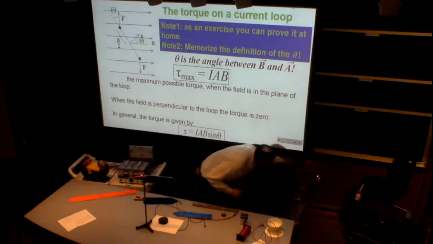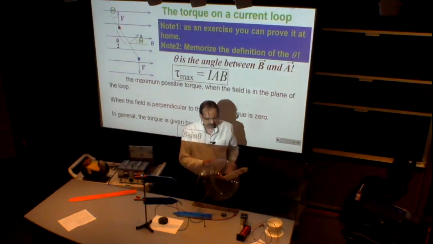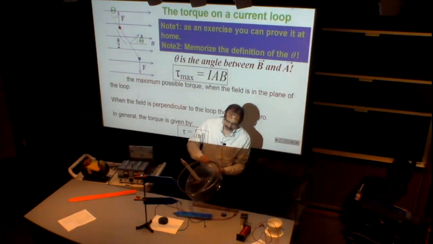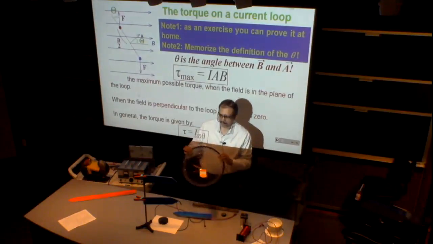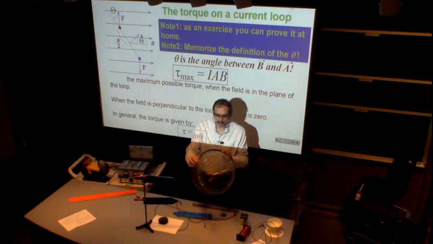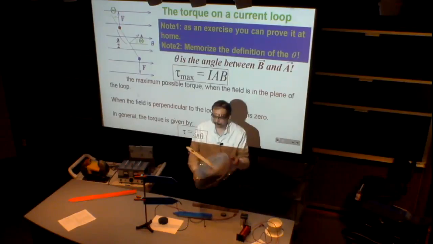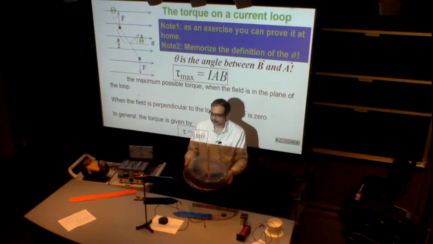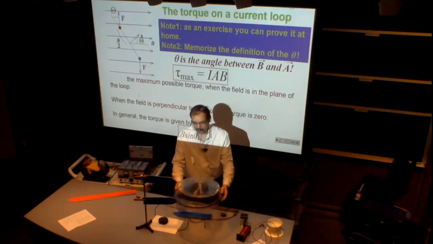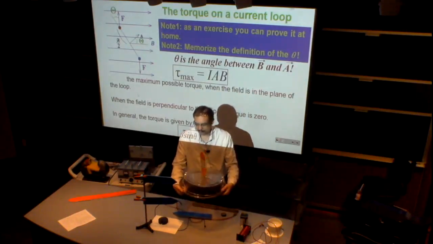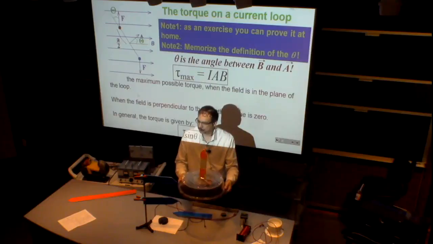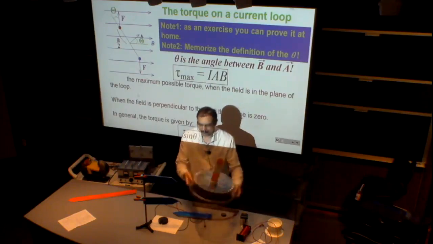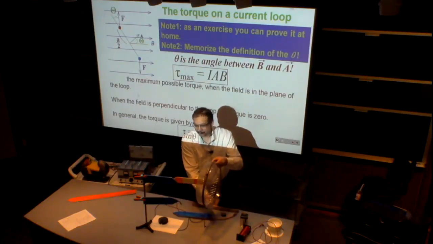This is my area vector, the mutual orientation between magnetic field and area vector, that's only one thing that matters. Perpendicular, maximum torque, parallel or anti-parallel, no torque.